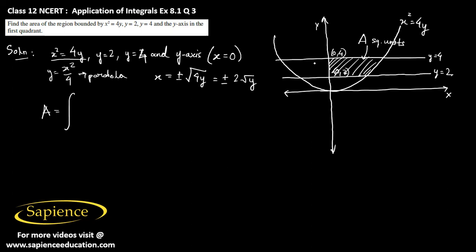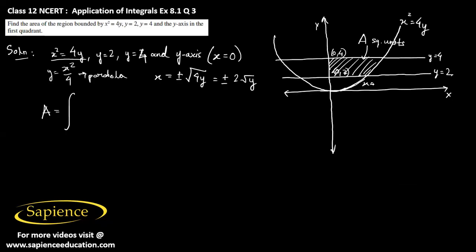So the branch of the parabola which is on the right side, the equation of that will be x equals 2 root y, and the branch which is on the negative side, its equation will be x equals minus 2 root y.